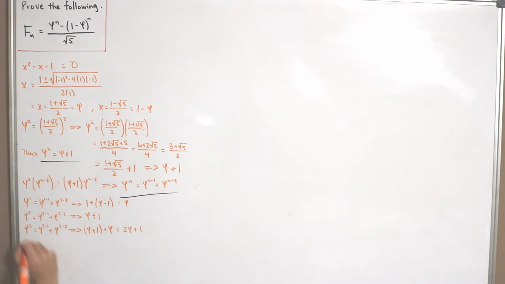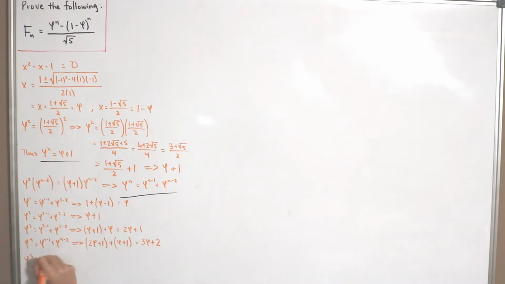Okay, nice. Let's go to 4, then phi to the 4 minus 1 plus phi to the 4 minus 2. This is phi cubed, which we showed is 2 phi plus 1, and then add that with phi squared, phi plus 1. Therefore, that's just equal to 3 phi plus 2. And let's do one more and see what happens.